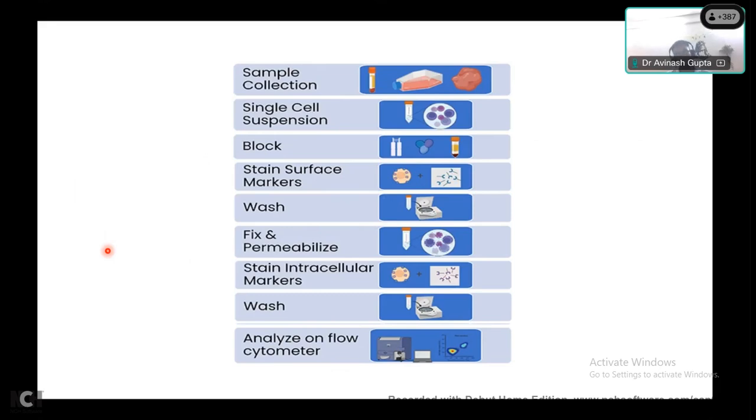You do MPO and cytoplasmic CD3 to characterize whether it is T, AML or B. So you fix the cells and permeabilize; you create holes in the cell membrane and then stain with that particular antibody, so that the antibodies go inside through these holes and bind the antigen. Then again you wash, and then you acquire the sample on your flow cytometer, and it will give you data, which you will analyze further.